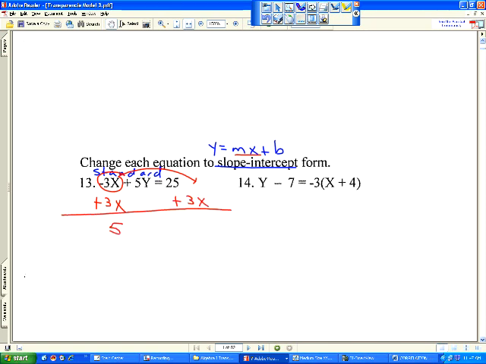And so we get 5y equals what? 3x plus 25. You cannot add those because they're unlike terms, so we write out the right side as an expression. It's still not in slope-intercept form because we need an isolated y, so we need to get rid of the multiplication by division.